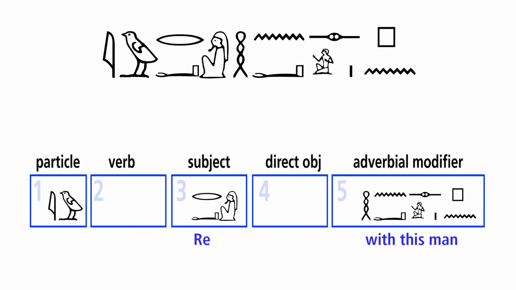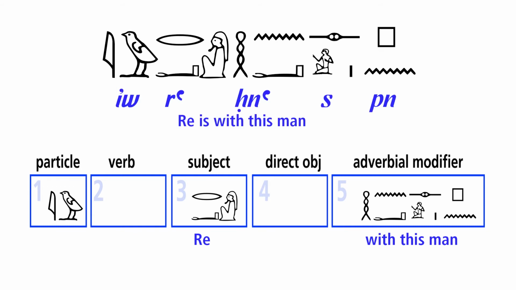Slot 3 contains the word for Re, the sun god. Nothing is in slot 4. And a prepositional phrase in slot 5 is Hna s pn. The word Hna is the preposition with. S pn means this man. So the translation is Re is with this man.